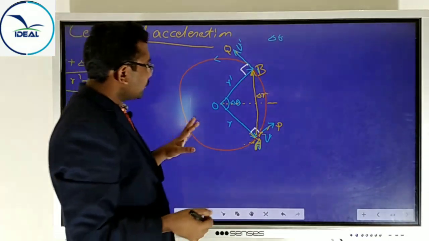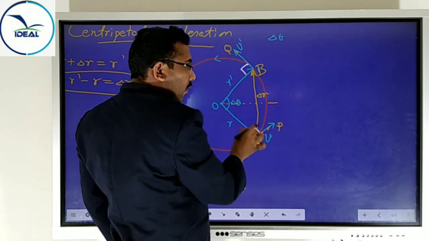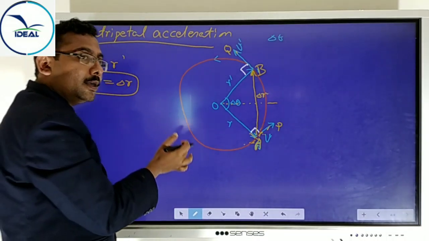Yes, you note, this is r, this is velocity v, both are perpendicular because radius and tangent.